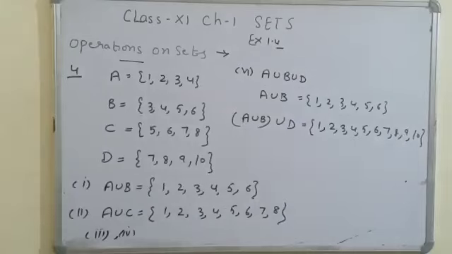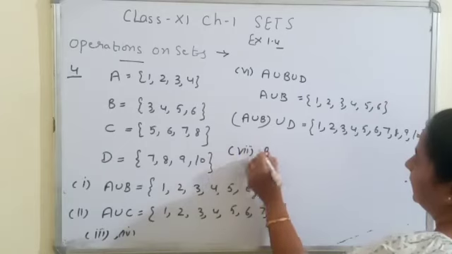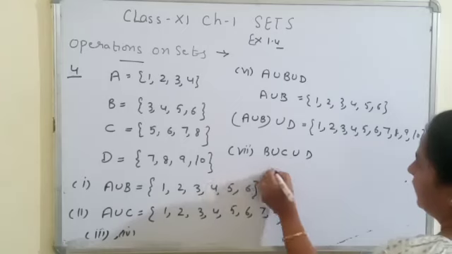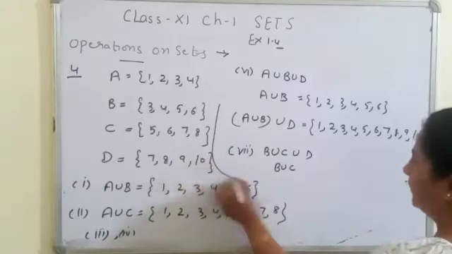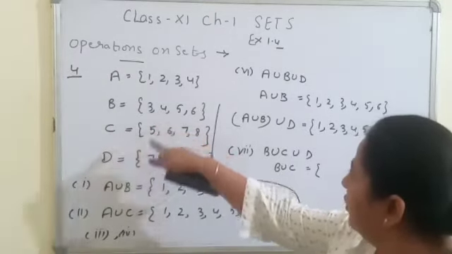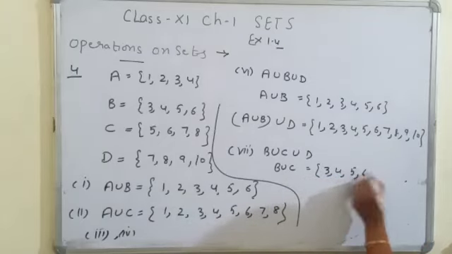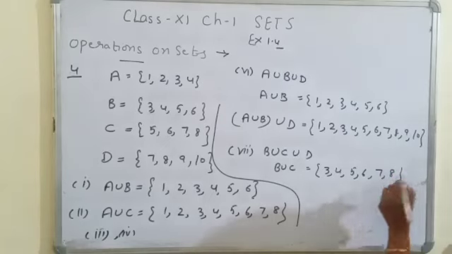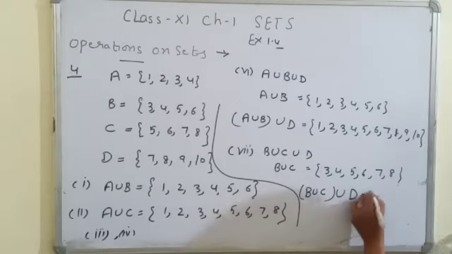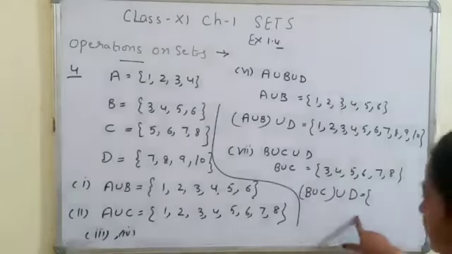Next is B union C union D. So firstly find B union C. B union C, we can write the elements 3, 4, 5, 6, 7, 8. And for B union C union D, set D has the elements 7, 8, 9, 10.